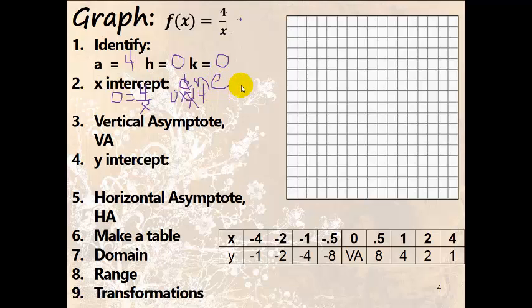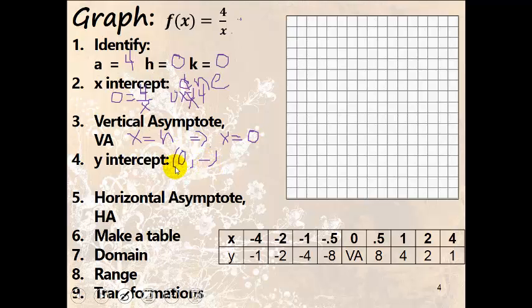The vertical asymptote is always x equals your h value. In this case, it's the opposite of h. I say that a lot, I know, but with 0, 0 doesn't have a positive or a negative. It's just 0, so this means that x equals 0 again. All right, my y-intercept, I have to plug in 0 for x and figure out my y.